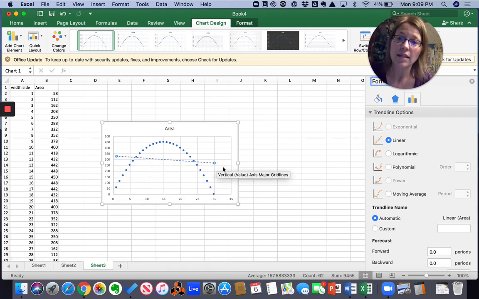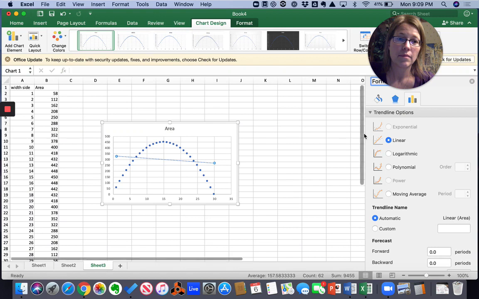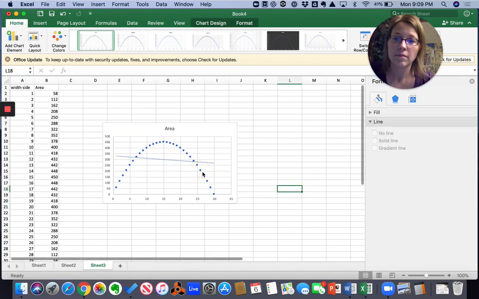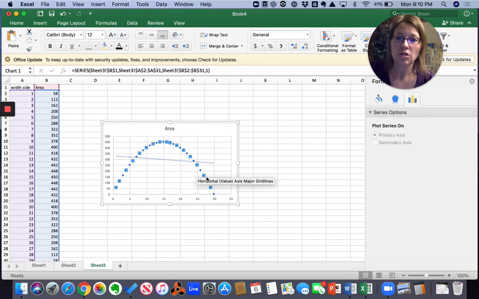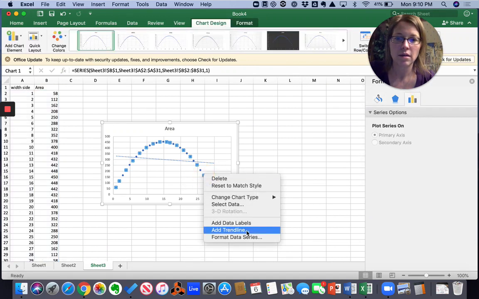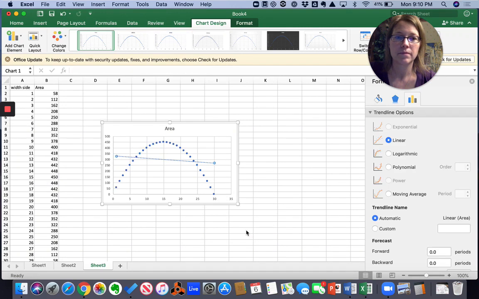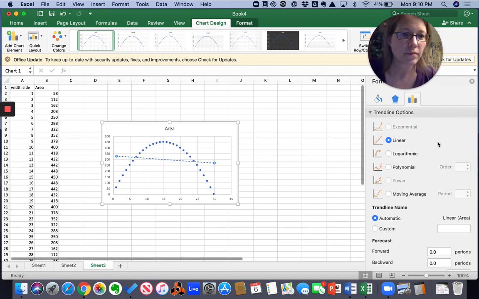Since that line really looks nothing like our data, we can tell this is not a linear pattern. Let's try another trend line. It's not even letting me try exponential because it'd just be so bad, I guess.